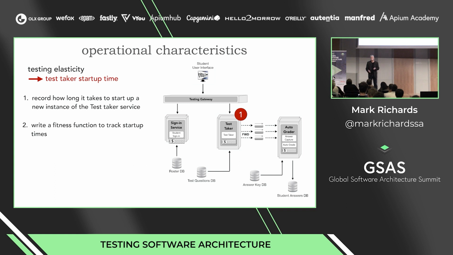I need to respond immediately. How fast can that test taker start up? That's another test, because this is another metric I can actually observe from that test taker. So I measure the startup time, and I write a fitness function to track that, either triggered or continuous.